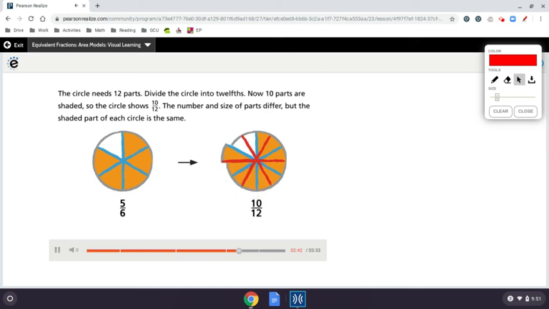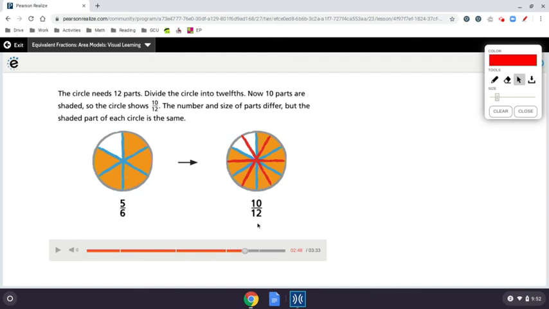The number and size of parts differ, but the shaded part of each circle is the same. So you can use different shapes here. It doesn't have to be a rectangle or a square. But again, they did the exact same thing. They just brought this same shape over and split it into a few more pieces. So the amount that's shaded in did not change. It's still that same size. However, the number of pieces that are shaded in changed because we split this into more pieces.